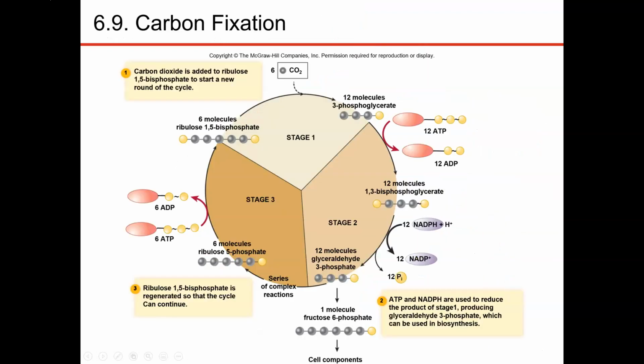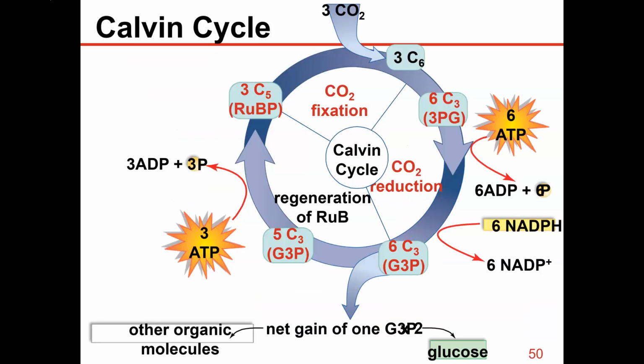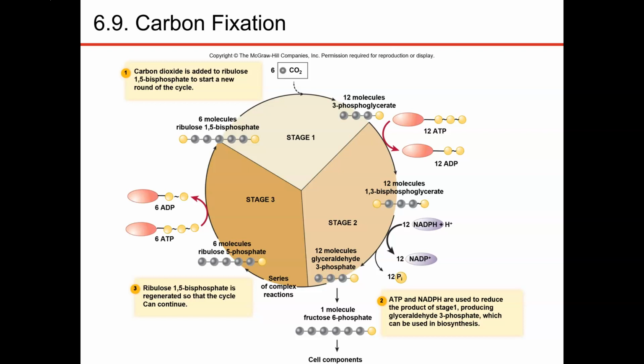And so this is your table that shows the same thing. This is a little more simplified. It takes a total of 6 carbon dioxides to produce 1 glucose molecule, because glucose is a 6-carbon molecule, and each carbon is brought in, and we're binding it to this 5-carbon molecule here called ribulose 1,5-bisphosphate, or RuBP.